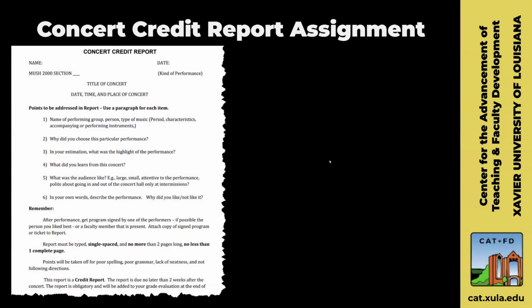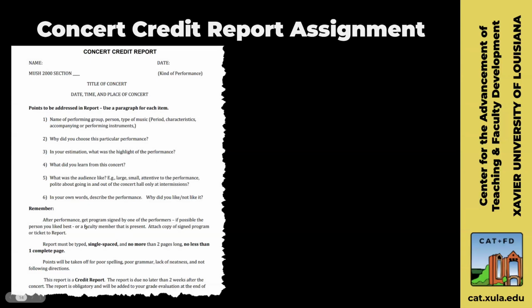And so here is a concert report assignment that was being used in a music appreciation class. And this was the actual assignment instructions, where there are 6 points that the instructor wanted the students to cover when they reported on the particular type of concert that they went to.